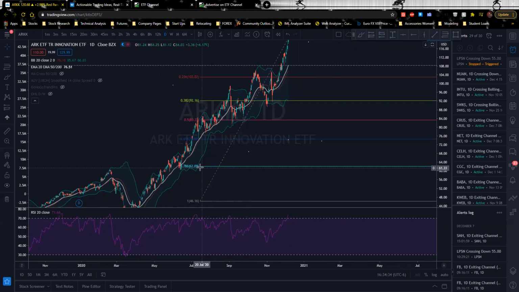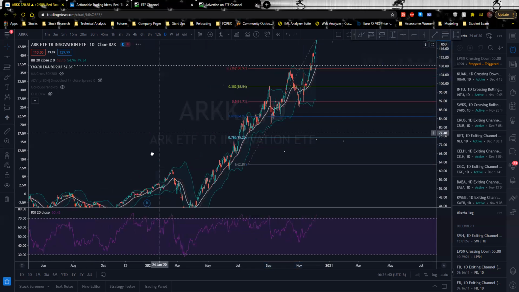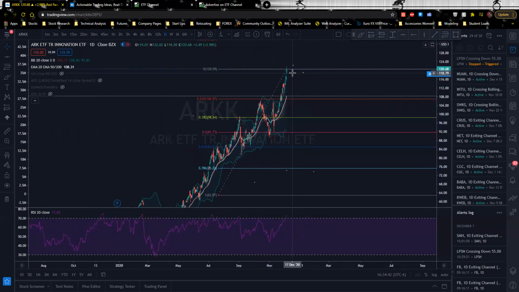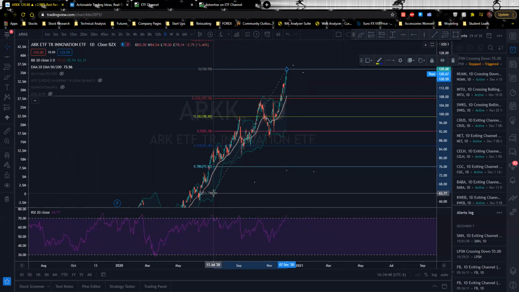So typically you would have the zero level at the close of the body of the candle, not just at the body, but making sure you're using the close of it.